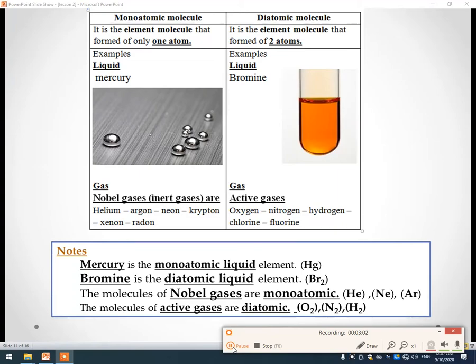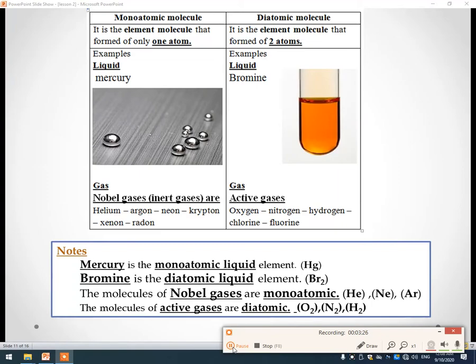So the monoatomic molecule is the element molecule that is formed of only one atom. And the element molecule that is formed of two atoms is called a diatomic molecule. The word di means two. So the diatomic molecule is the element molecule that is formed of two atoms.